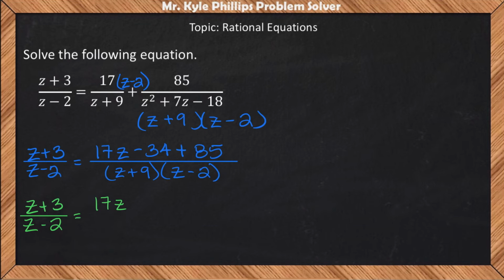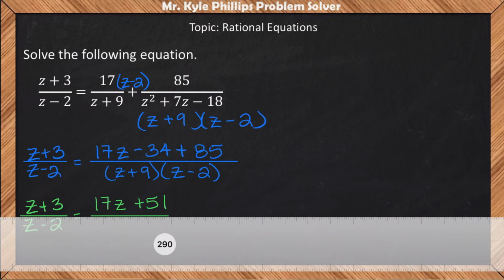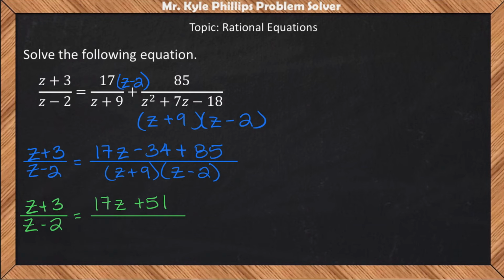And then we'll say negative 34 plus 85, and we're going to get 51. And this will all be over z plus 9 and z minus 2.